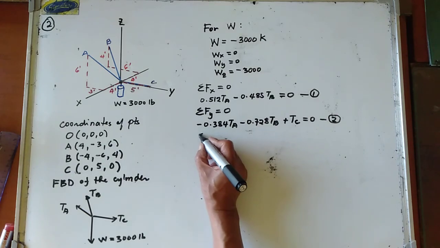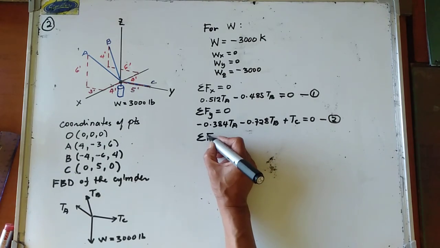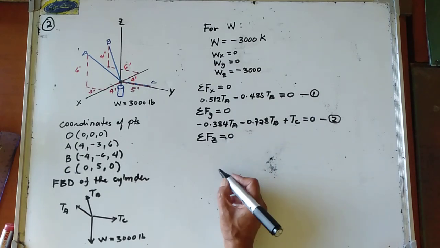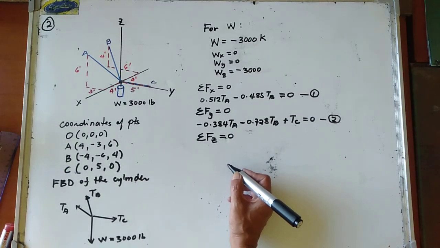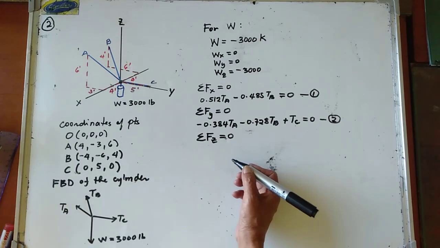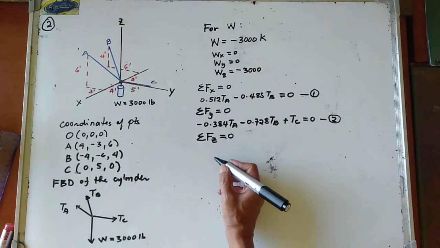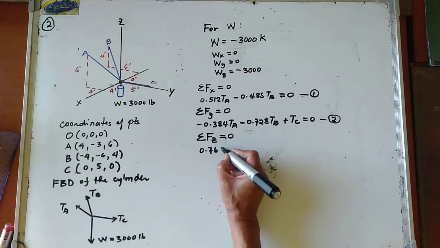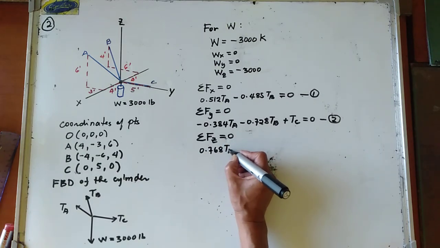Next equation of equilibrium is summation of forces along the Z is equal to 0. So we have your TAZ is equal to 0.768 TA.